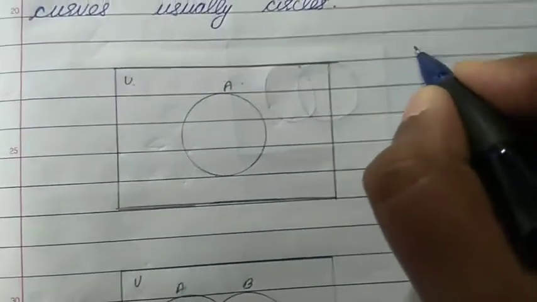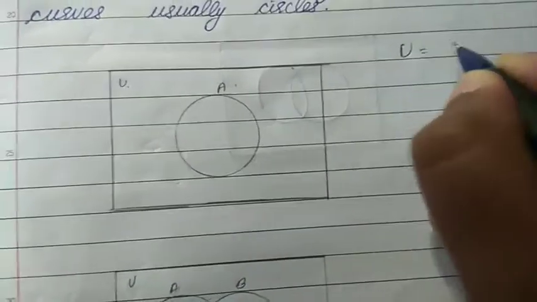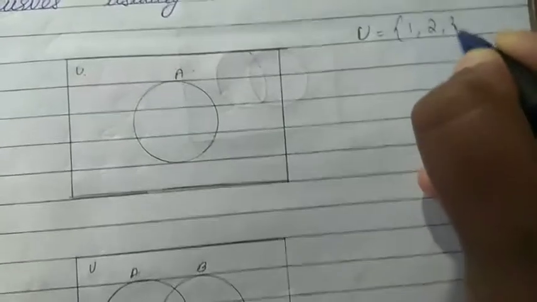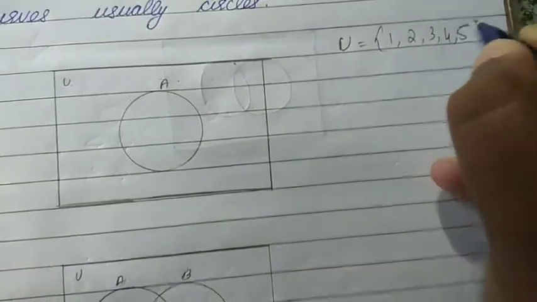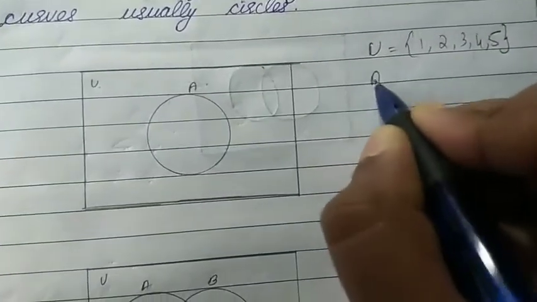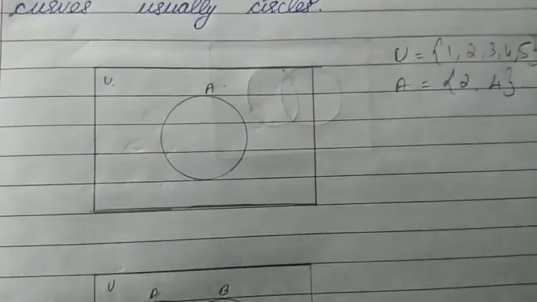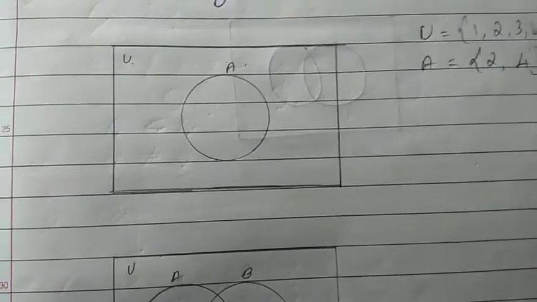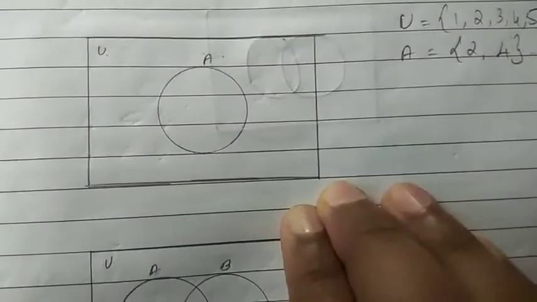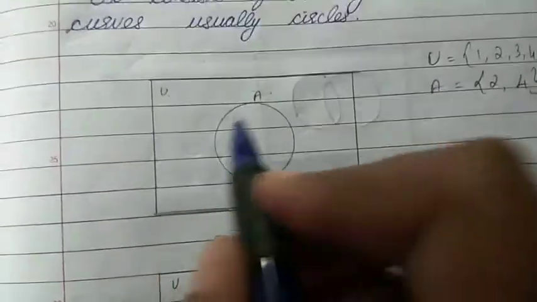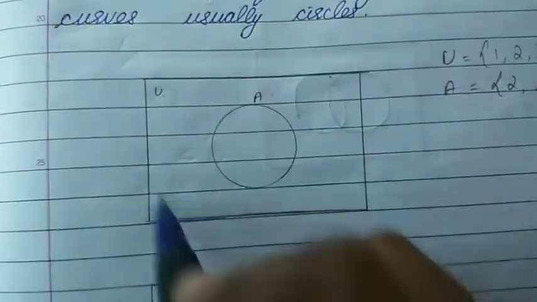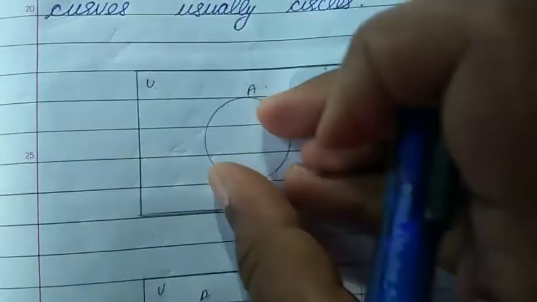So for example, let me take a universal set as 1, 2, 3, 4, and 5. The set A is 2, 4. Now how will I represent it in the form of a Venn diagram? Let me show you. The universal set means even including the circle it is there.